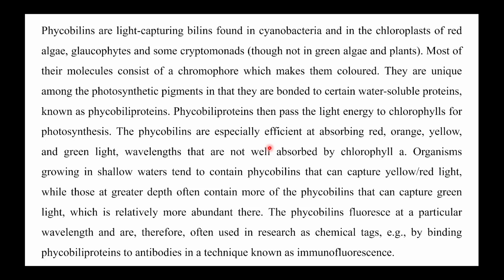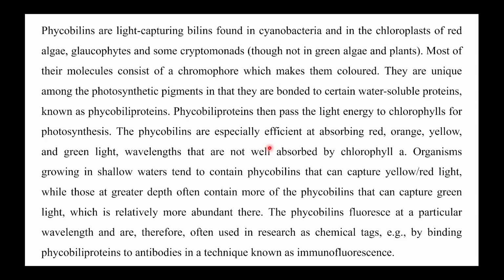Most of their molecules consist of a chromophore, which makes them colored. They are unique among the photosynthetic pigments in that they are bonded to certain water soluble proteins known as phycobiliproteins. That's why they are water soluble. They are not anchored to the membranes.